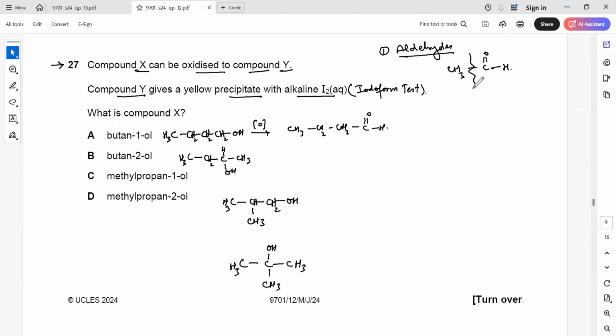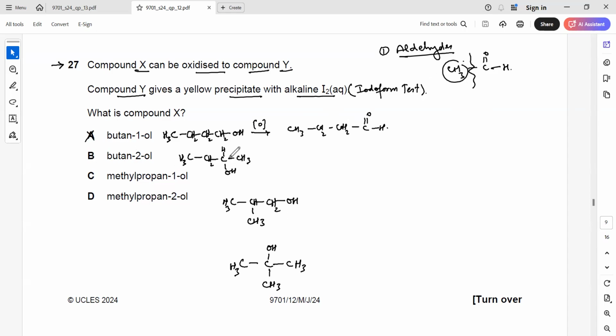Why? Because you can see there is a methyl group attached to the carbonyl group, right? Only ethanal gives the iodoform test. So as we can see here, this butanal will not give a yellow precipitate with aqueous I2. So option A is incorrect.